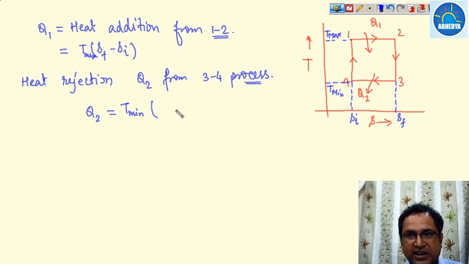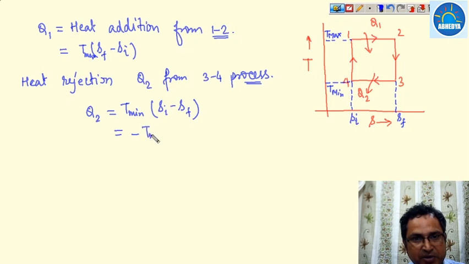And what is the heat rejection? That is SI minus SF. Because of the change in process, since SI is less than SF, this value will be negative, or we can write it as minus T minimum into SF minus SI. This is Q2.